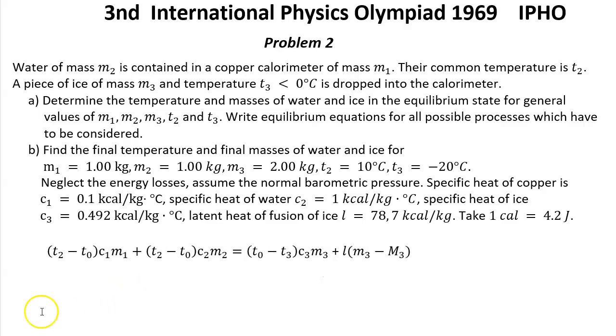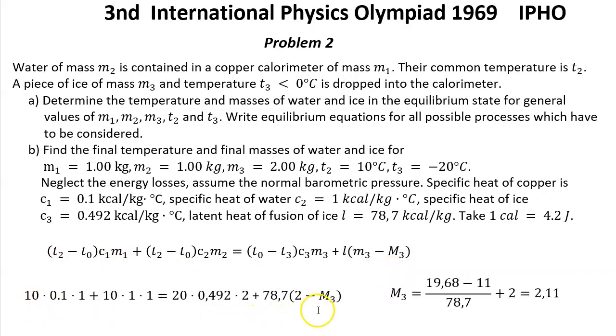In the third case we have this equation where we have to count everything except M3, because all other data are given. So from here we can find this equation, and if we solve it for big M3, we will get 2.11 kilograms, which is a little greater than the initial 2 kilograms.